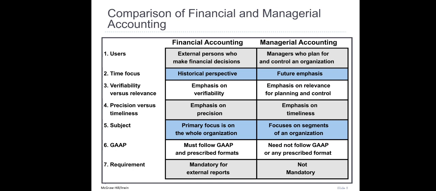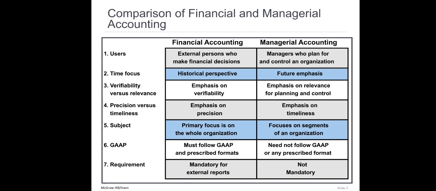If you put a wrong number or if you make errors, then your balance sheet is not correct. The amount on the left side of the balance sheet will not equal the right side, and your trial balance is also not correct. So that shows that in financial accounting, the emphasis is on precision.